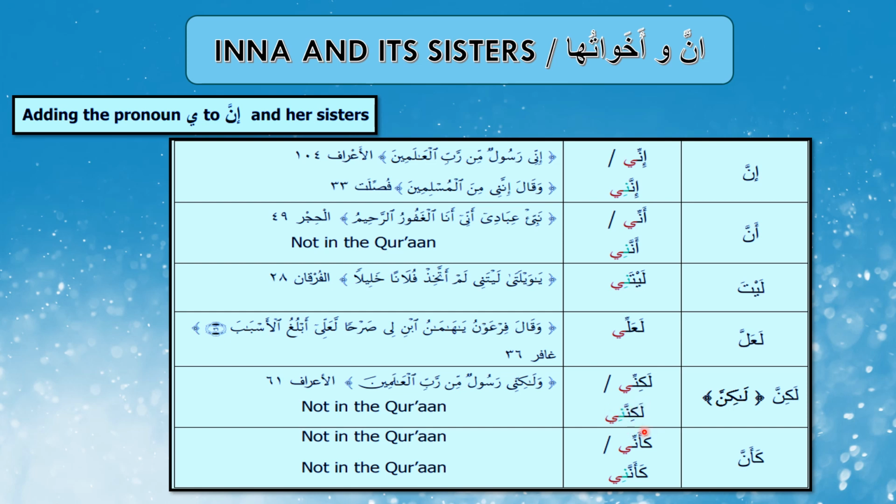Both can be used in the structure. Then ka'anna can be used with ya mutakallim directly and with noon al-wiqaya: ka'anni or ka'annani. So this is how it's added with the ya mutakallim and noon al-wiqaya.